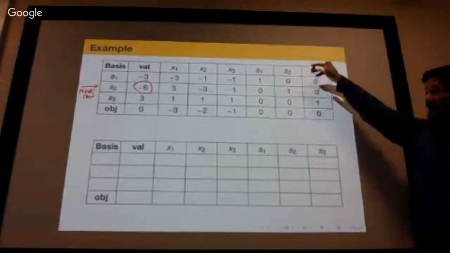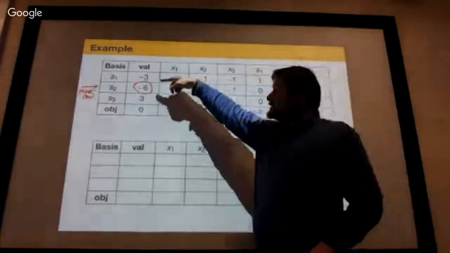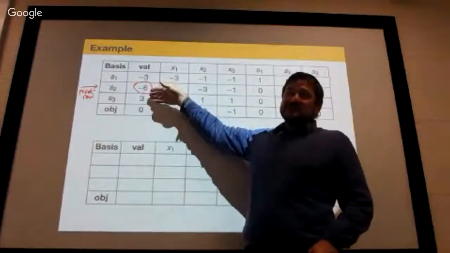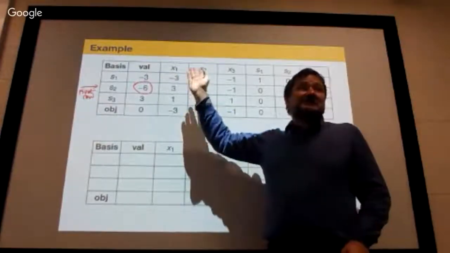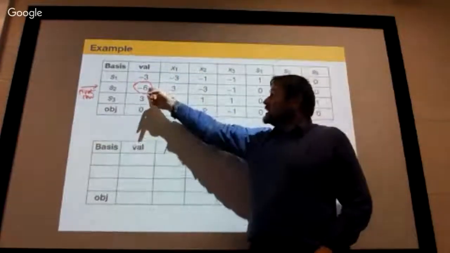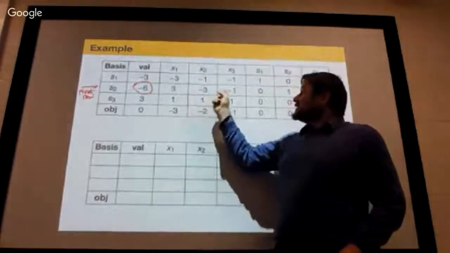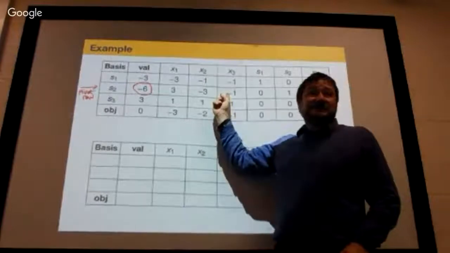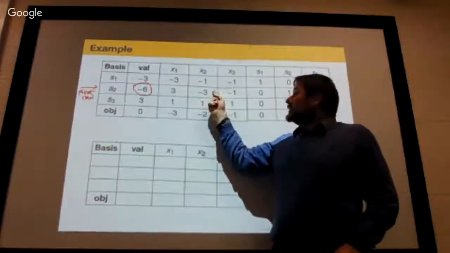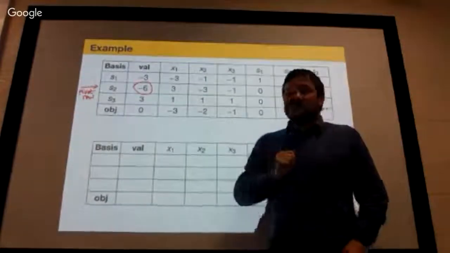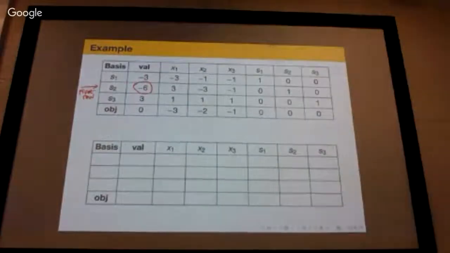And if the pivot element was negative, that would give us a negative value in the val, starting with a positive one. But now it's quite the reverse. We have a negative value, we want it to be positive, so all we're going to do is only consider the negative numbers in that row as possible pivot elements. So we have two possible pivot elements, this -3 and this -1.